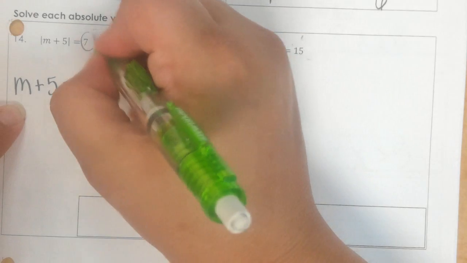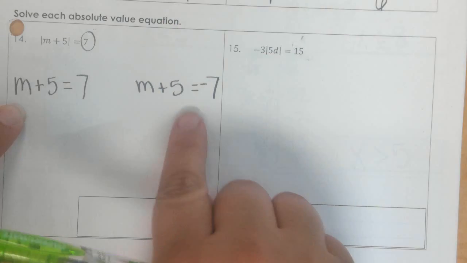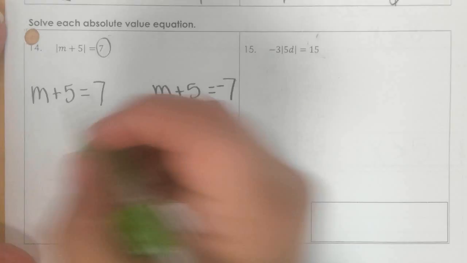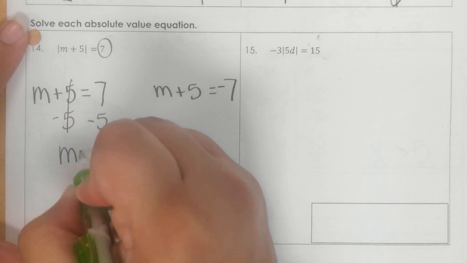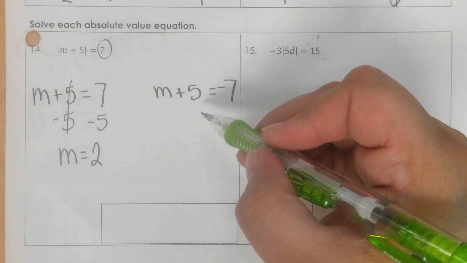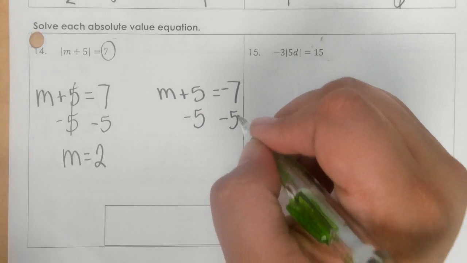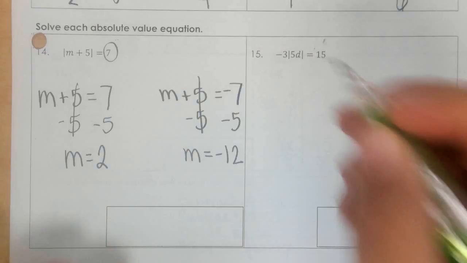And then all I do is I take that 7 and write it down here, and then I change it to its opposite and put the negative 7 over here, and then I solve both equations. So if I subtract 5, m gives me 2. And if I subtract 5 here, m gives me negative 12.